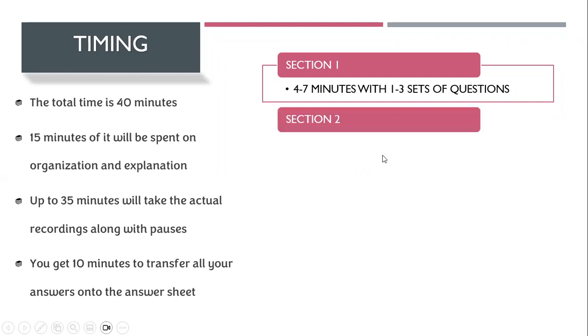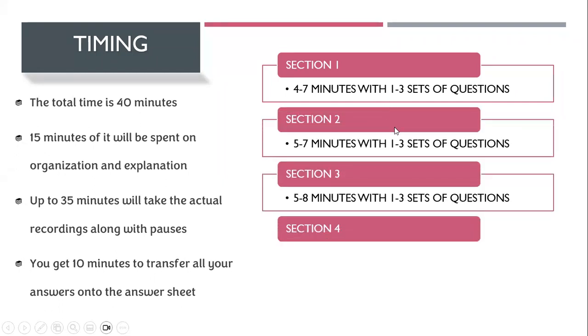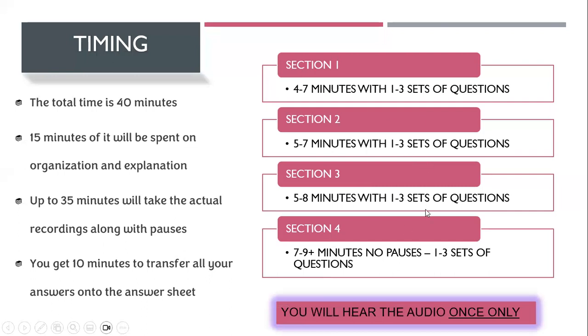You're going to have 40 questions, and they are going to be divided almost as follows. So 4 to 7 minutes, 5 to 7, 5 to 8, and 7 to 9. The last one is the longest as well, because it is the hardest.